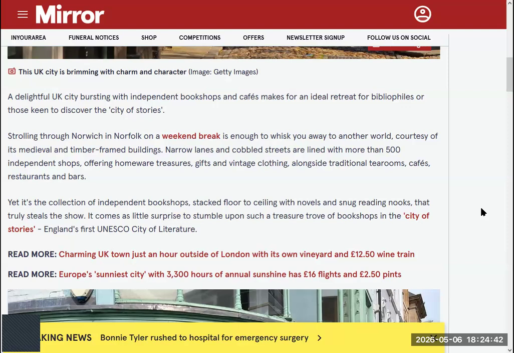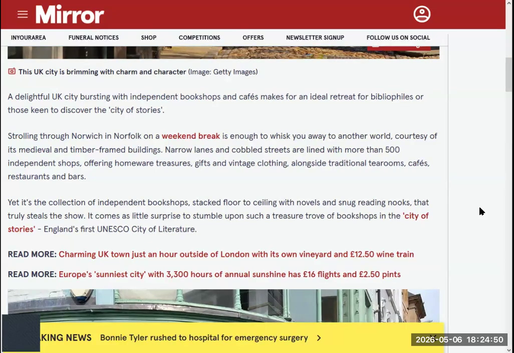Yet it's the collection of independent bookshops, stacked floor to ceiling with novels and snug reading nooks, that truly steals the show. It comes as little surprise to stumble upon such a treasure trove of bookshops in the City of Stories, England's first UNESCO City of Literature.